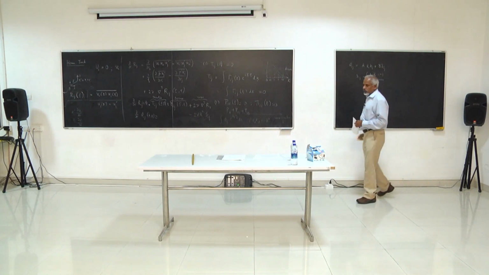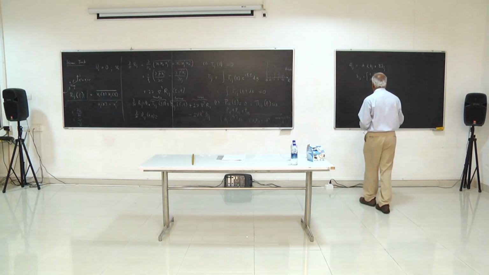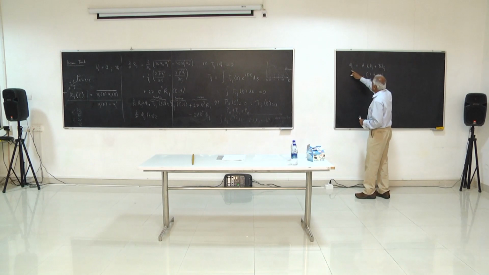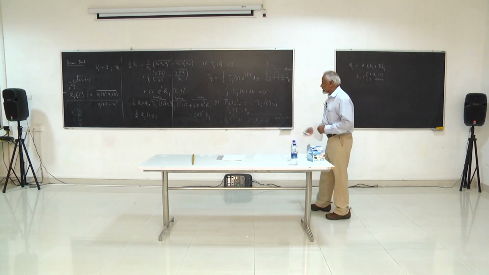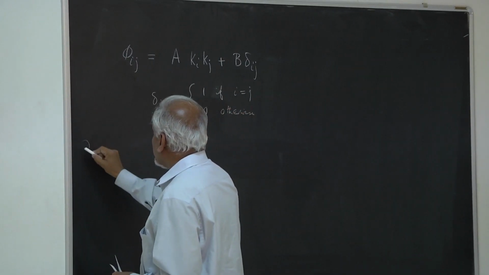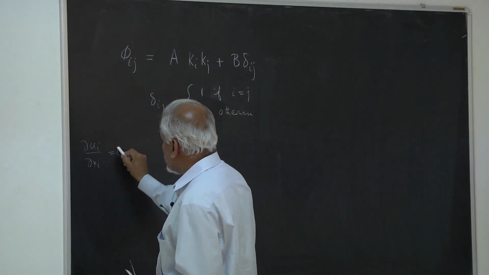So that's the standard form of any isotropic tensor, and you can actually do better than that, because this is very general. Our second order tensor also follows the condition of divergencelessness. That is, we have the condition dui/dxi equal to 0.